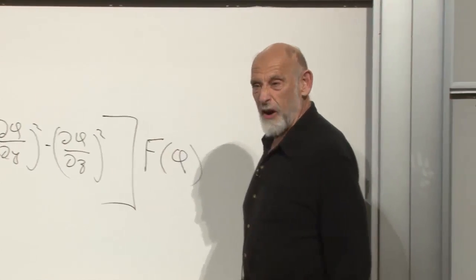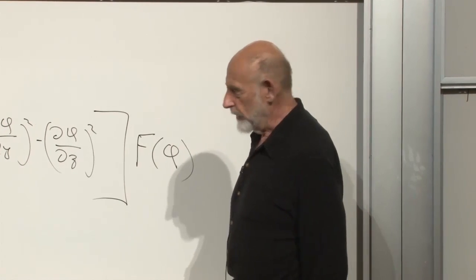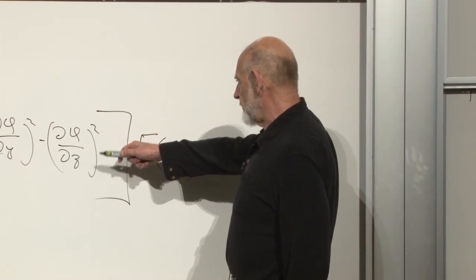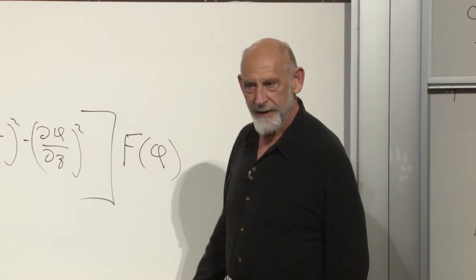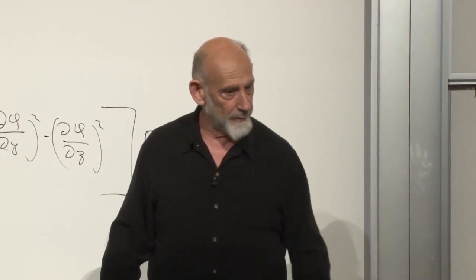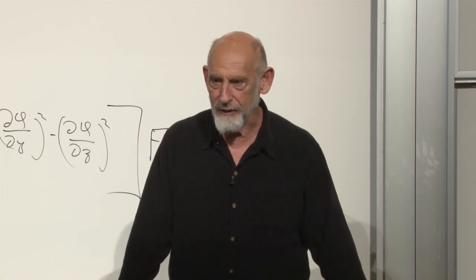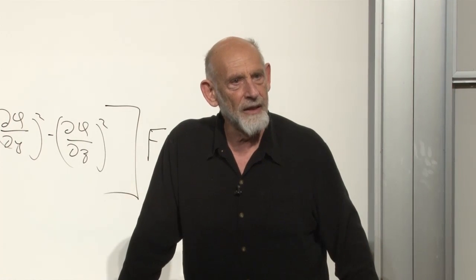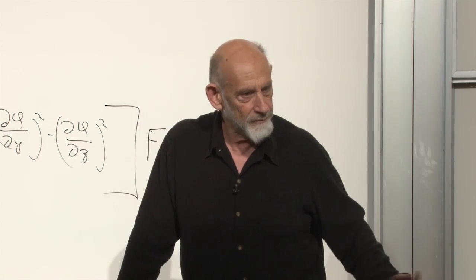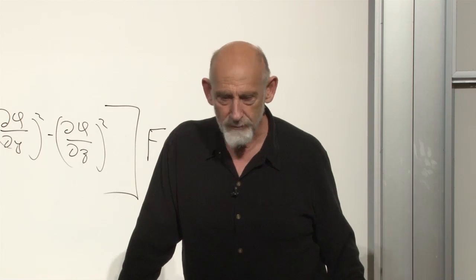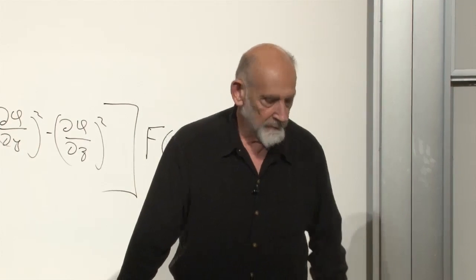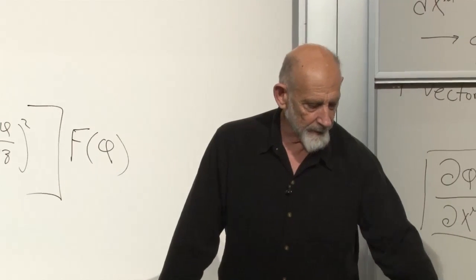We could do something even uglier. This would get very ugly. We could take this scalar here and square it, and have higher powers of derivatives. That begins to get very ugly, in fact, and it's not a thing which appears very often. In principle, you could add the higher order derivatives, couldn't you? As long as you make them a scalar.